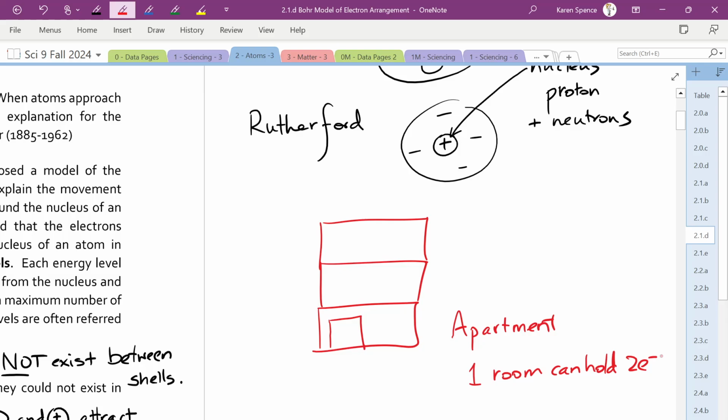We good so far? You don't have to draw this little picture. If it's helpful to you, you can, but you don't have to. So I can put in 1 electron and I can put in 2 electrons on the first floor. And now all the rooms on the first floor are full because there's only 1 room on the first floor. Maybe there's a gym down there taking up the rest of the space. I don't know. Something like that.